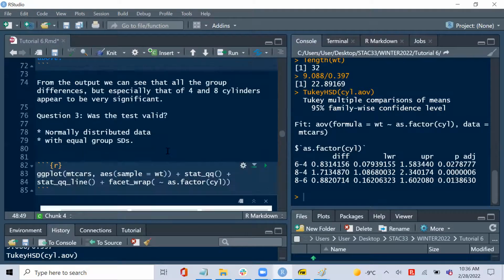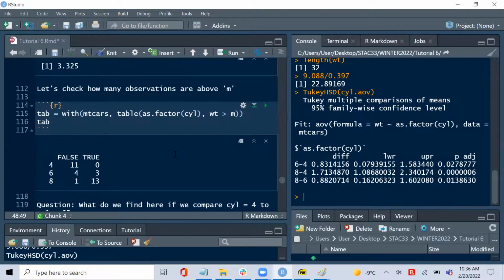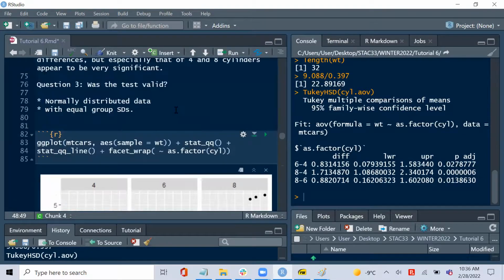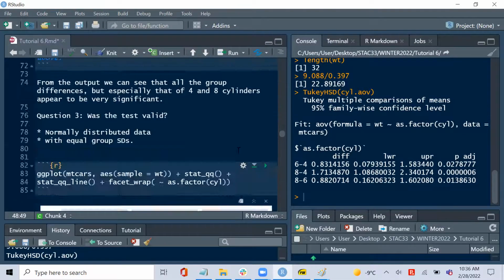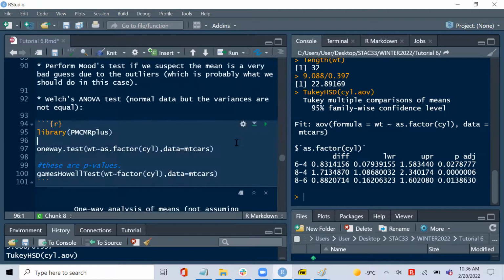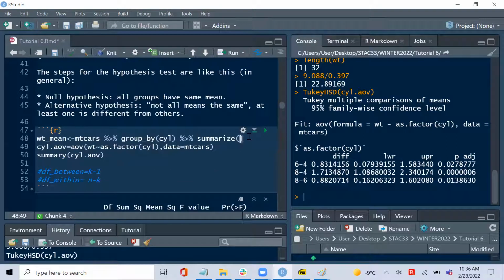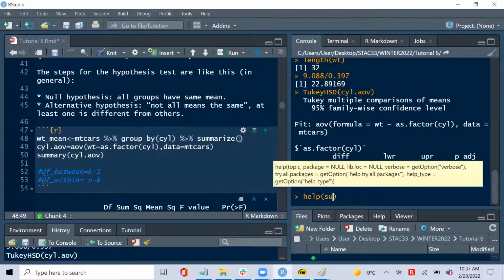Let me just check something. I totally haven't used the summarize function in a while.